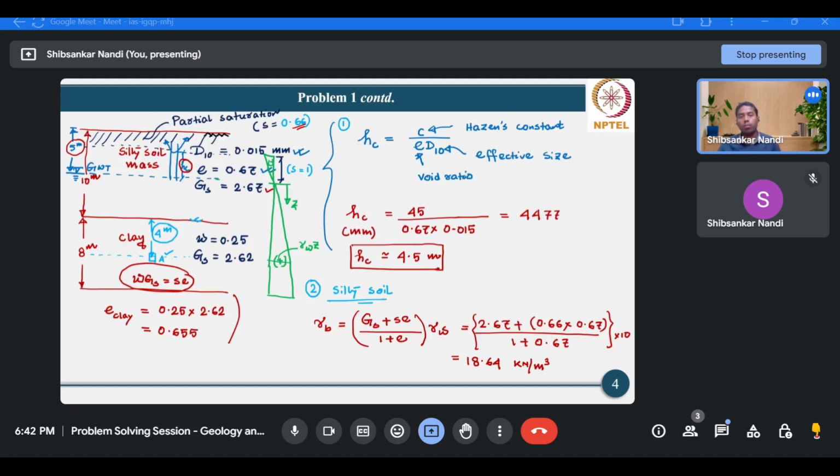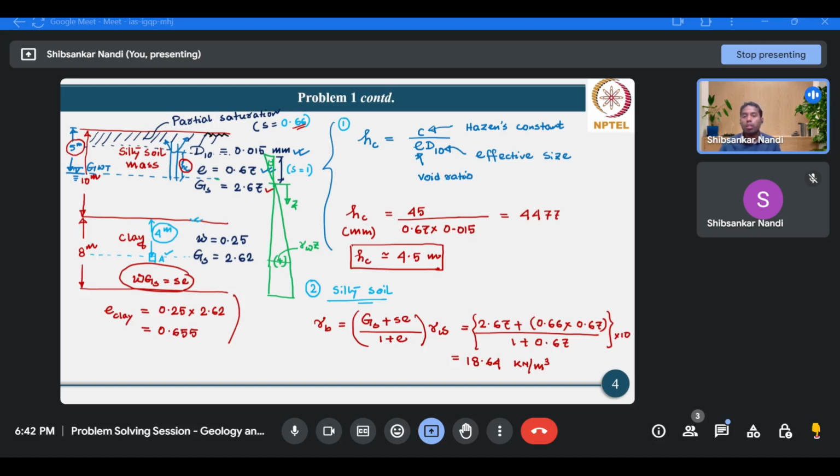In the first problem, we had to determine the height of the capillary fringe zone based on an empirical relationship given by Hazen. However, in the next problem, the capillary fringe zone thickness or height is directly given. So problem 2 is a simpler version of problem 1, and it becomes easier for us to calculate the effective stress.